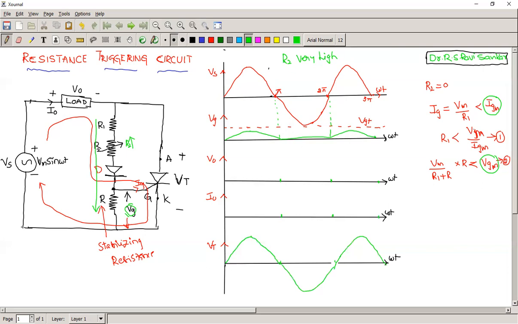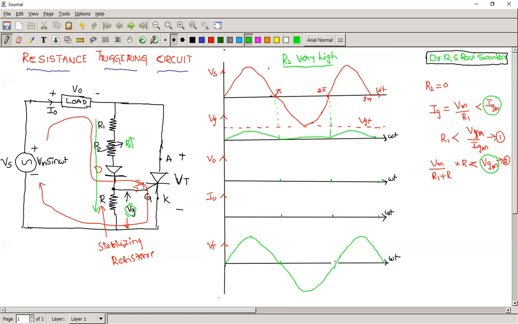Now this is R2. In the second case, case 2, we are setting the value of R such that the peak value of the voltage across this branch, nothing but the voltage across this resistance, exactly touches this voltage.